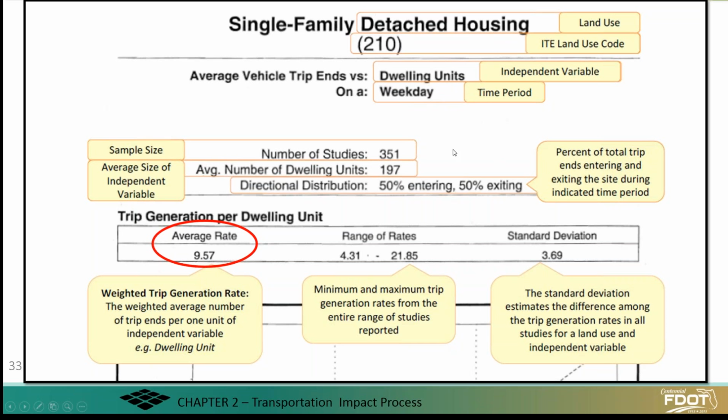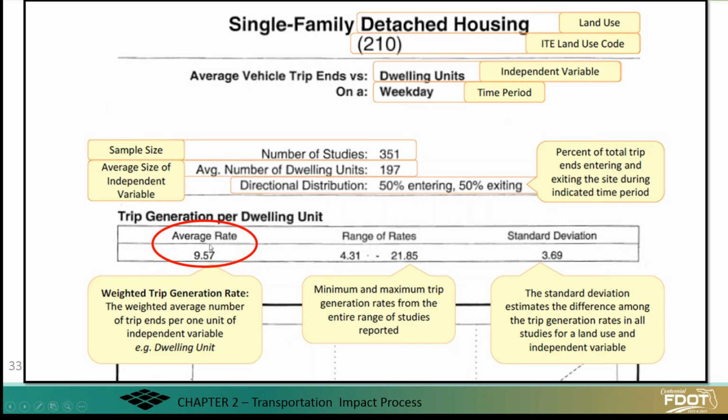Just for your own information, as you can see, the number of studies they did was 351 to come up with this rate. From those 351 studies, the average number of dwelling units was 197. And the average rate for this land use code 210 is 9.57.